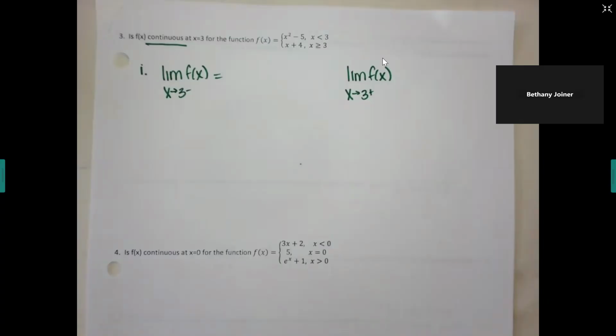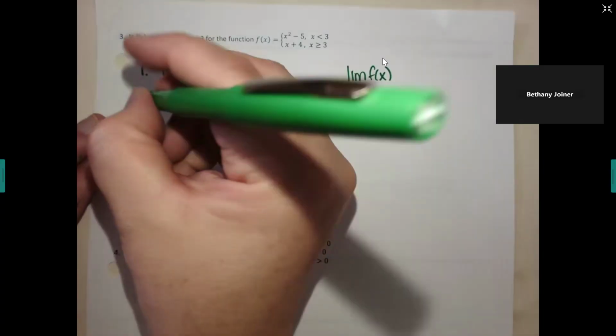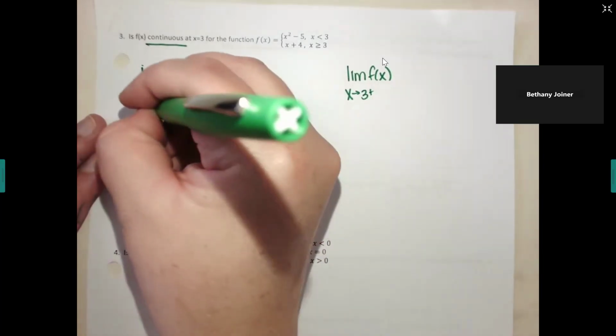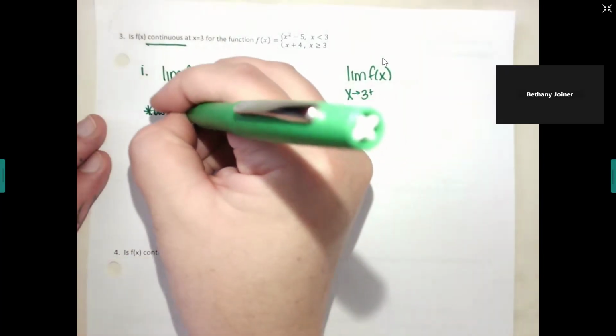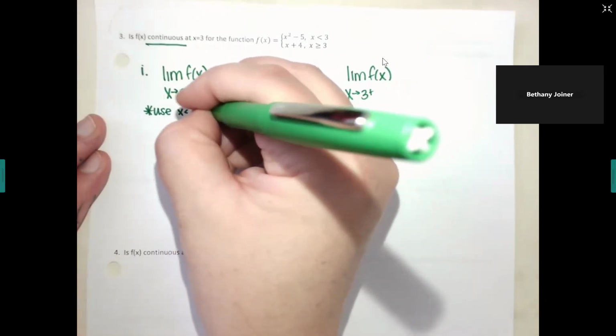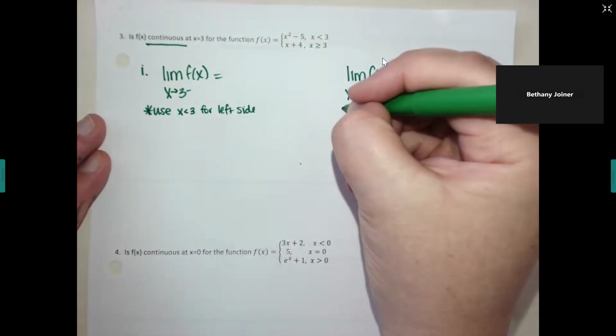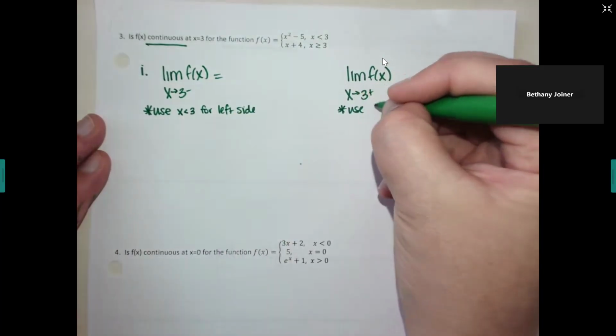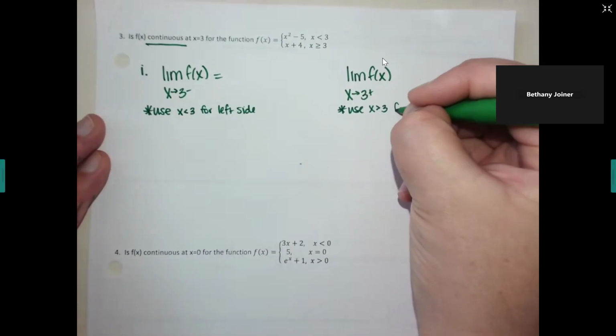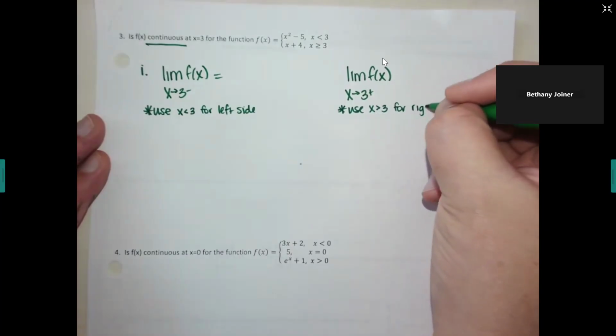And for a right side limit, you're going to use x is greater than 3. So I'm going to put that as a little note here since you get to use these. Use x less than 3 for a left side. You're going to use x greater than 3 for a right side.